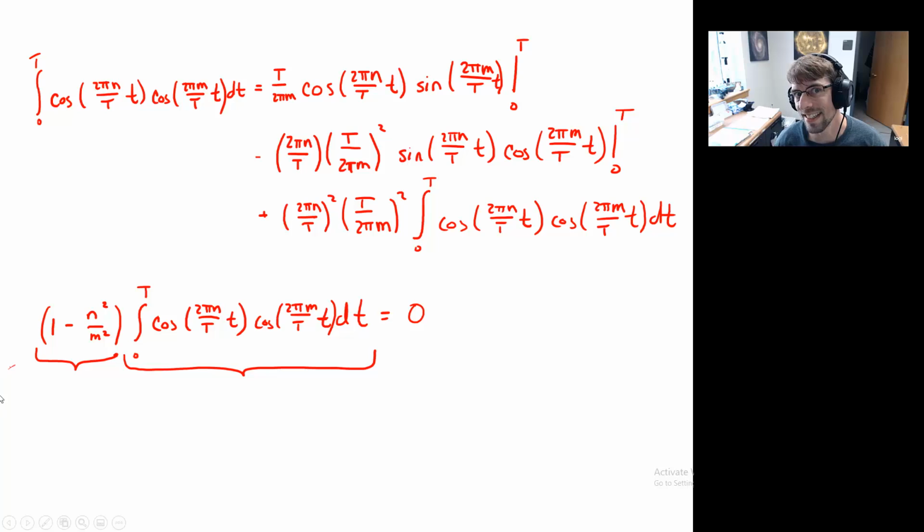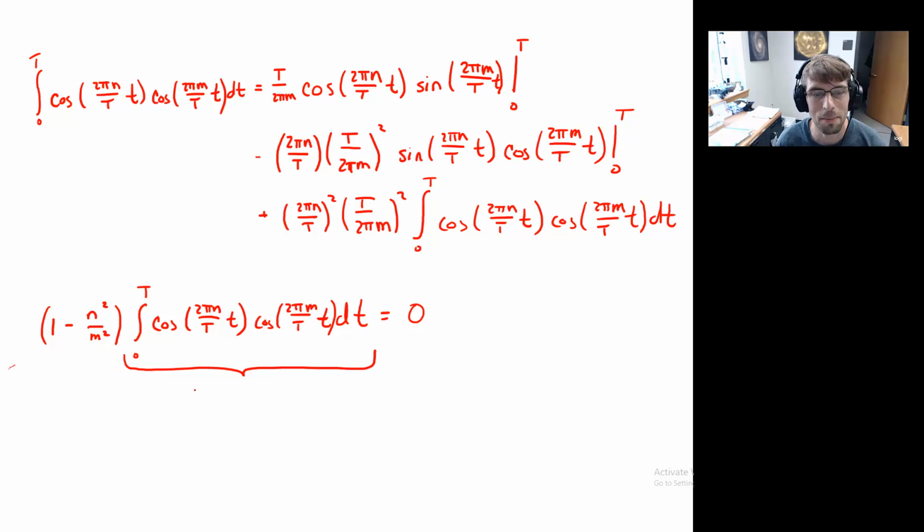Under that condition, that would mean that n has to be equal to m. But we're not going to have n equal to m, so that option's out. Under the situation of n not equal to m, this first term can't be 0.